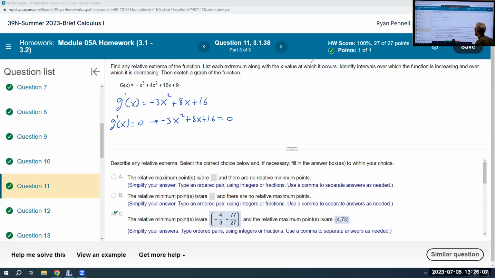There are so many different methods to solve a quadratic. We could try factoring. I know that 3 and 16 don't have anything in common, so we can't factor out the 3. That leads me to the AC method, where I could try 3 times 16, or we just use the quadratic formula.